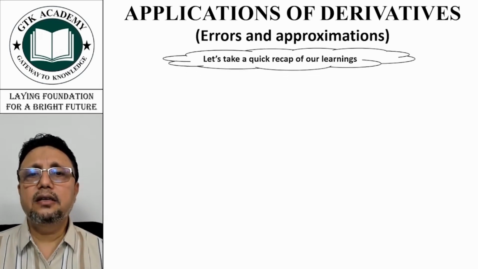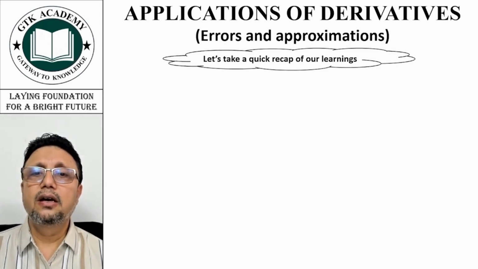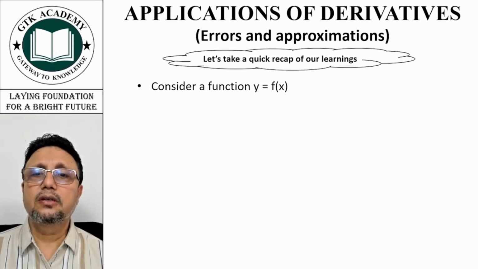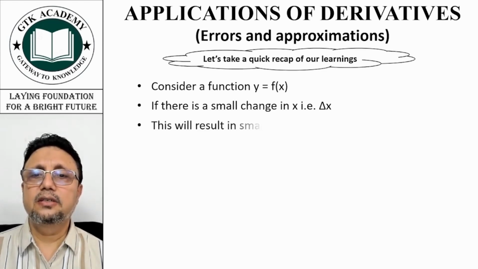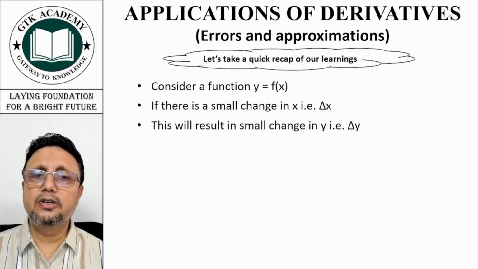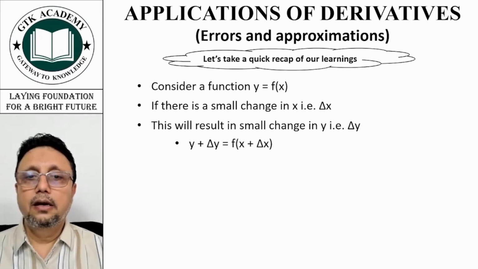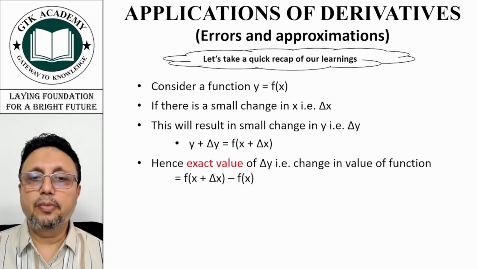So let's again take a quick recap of what we have learned. If there is a function y is equal to f(x), and there is a small change in x, that is x + Δx, this will result in a small change in y, that is y will become y + Δy, and y + Δy will be f(x + Δx). So the exact value of Δy will be f(x + Δx) minus f(x).